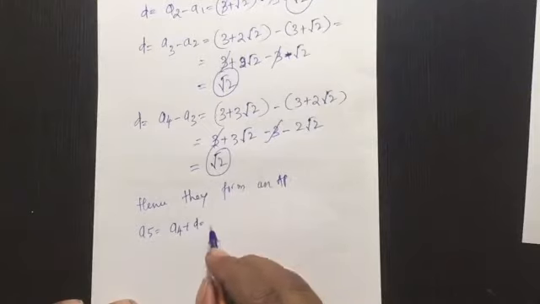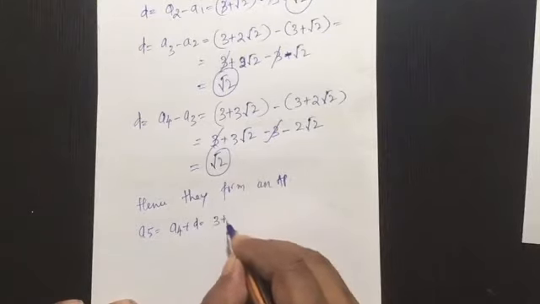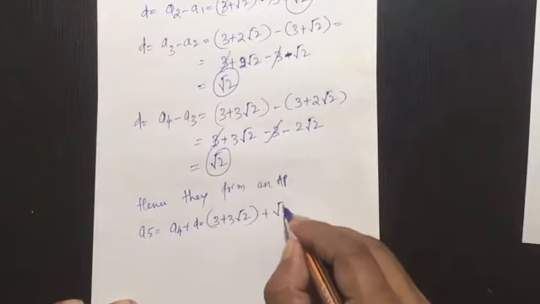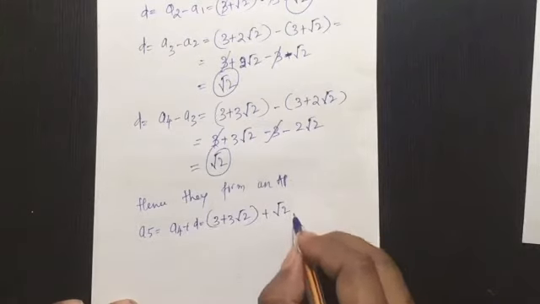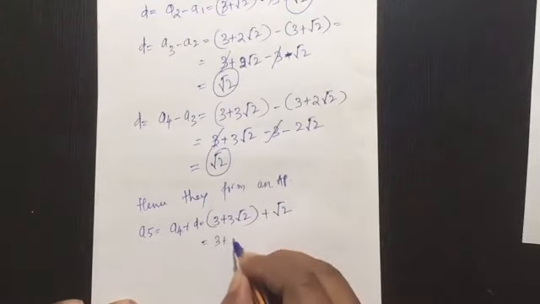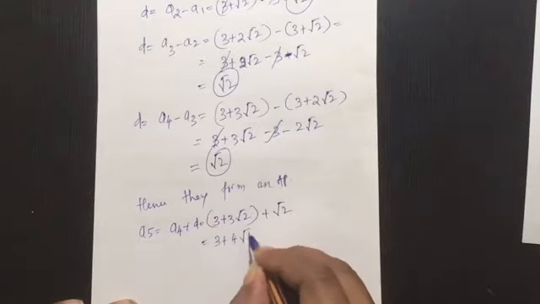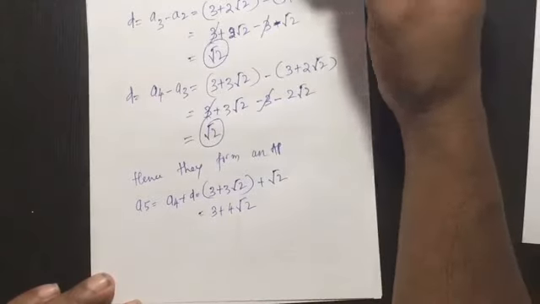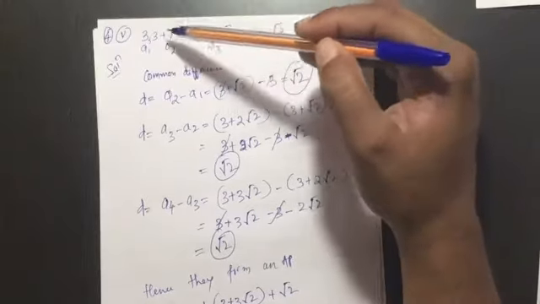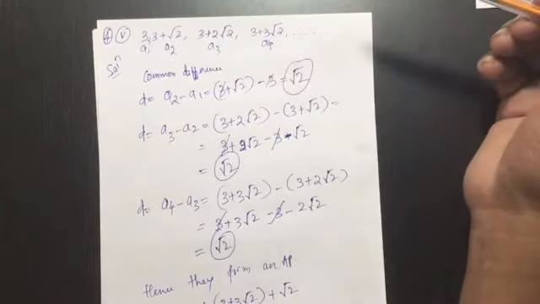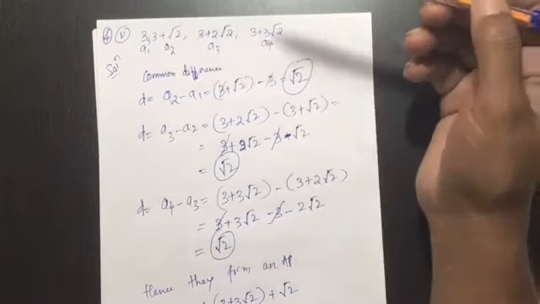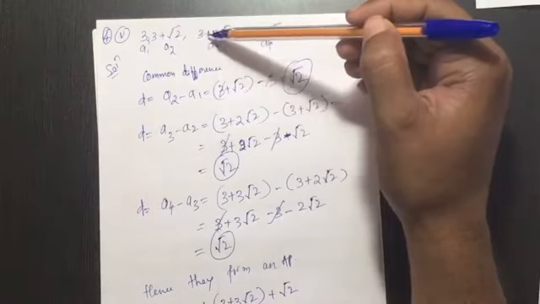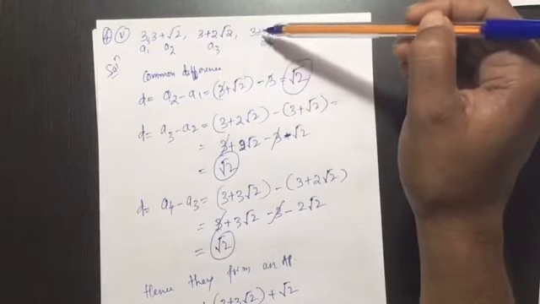So the fifth term, A5, is A4 plus d. What is A4? A4 is already given in the series, 3 plus 3 root 2, plus d. What is d? d is root 2. So this becomes 3 plus 4 root 2. Similarly, student, by seeing this series we can write the next two terms: 3, 3 plus root 2, next is 3 plus 2 root 2, next is 3 plus 3 root 2.